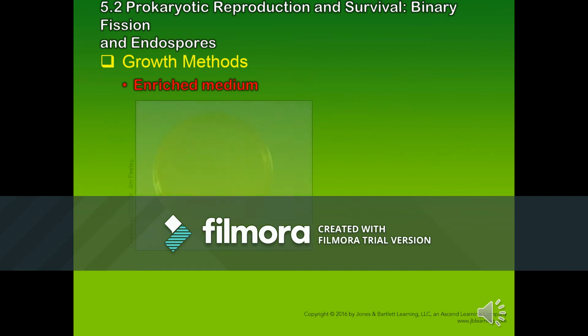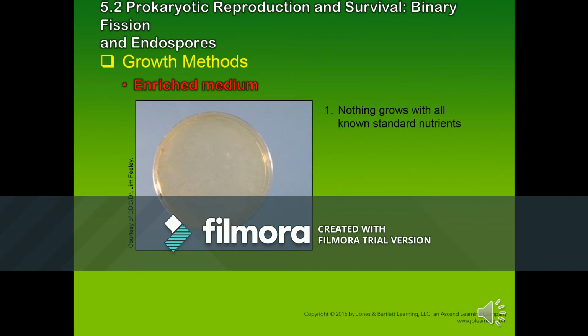Now, enrichment media is slightly different in that enrichment media allows growth of one type of bacteria more than another type of bacteria. A basic principle is that nothing grows with all of the known nutrients.